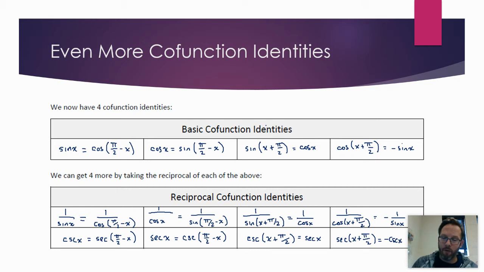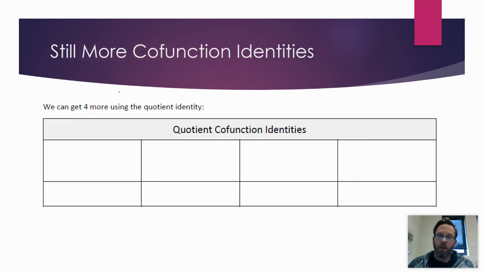All right, and for our remaining 4, we're going to use the quotient identity. For our first one, I'm going to take sine x, and I'm going to divide it by cosine x.